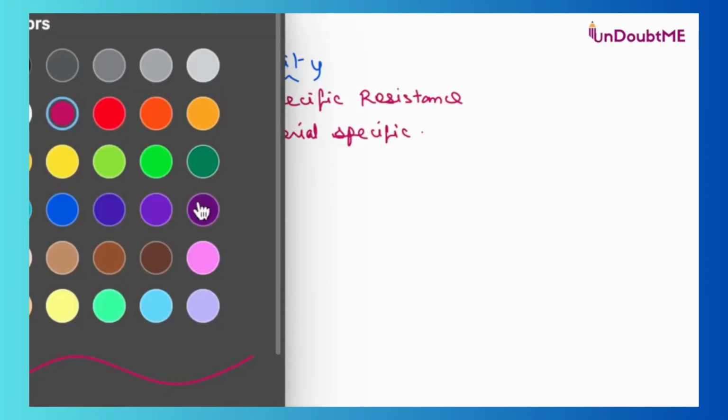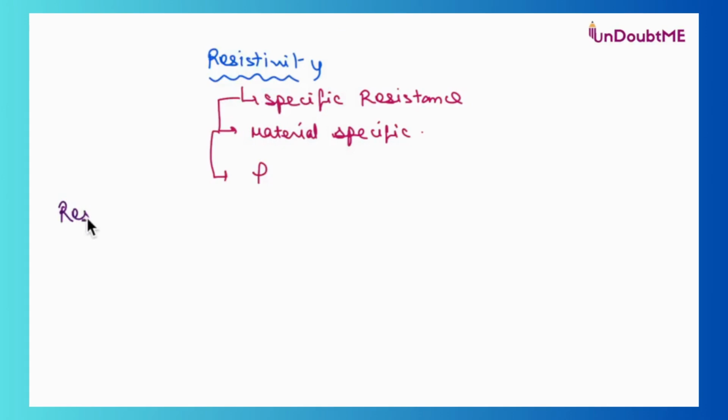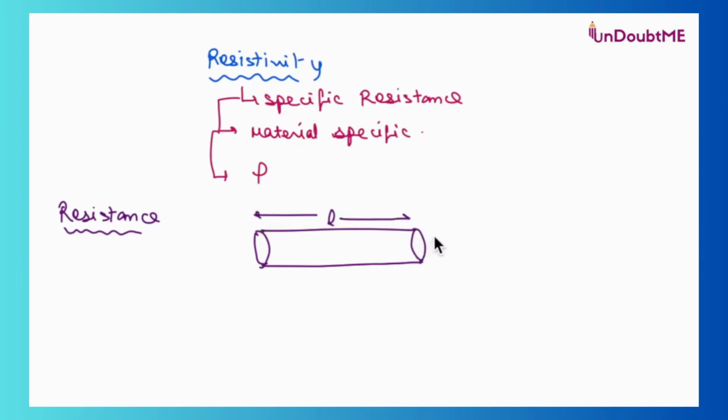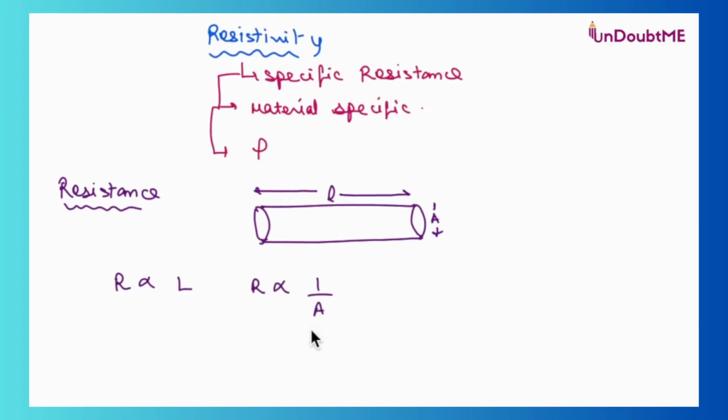Now when I talk about resistance, mathematically for any wire which is of cylindrical shape, having length L and area of cross section A, it has this relation: R is directly proportional to L and R is inversely proportional to the area.